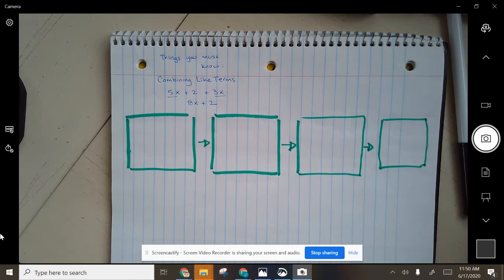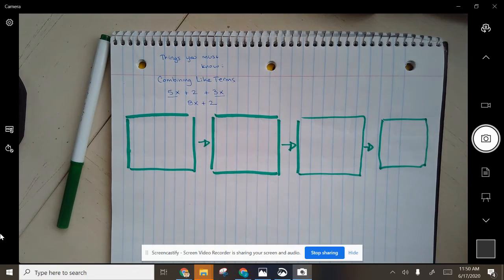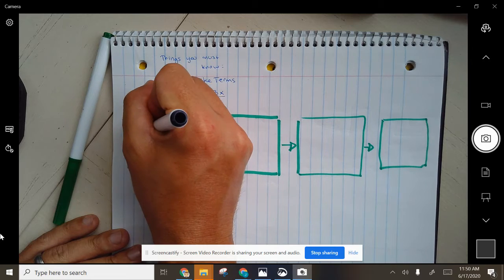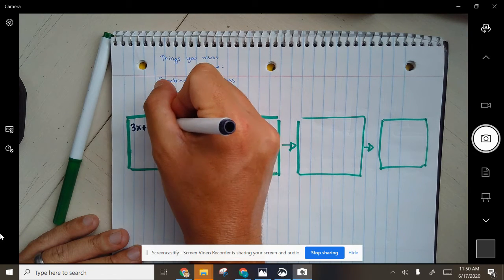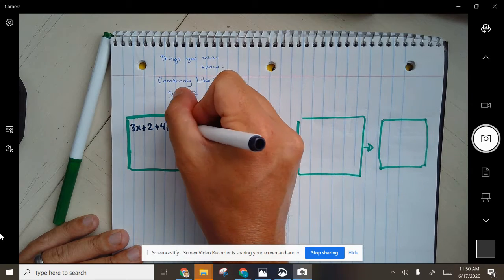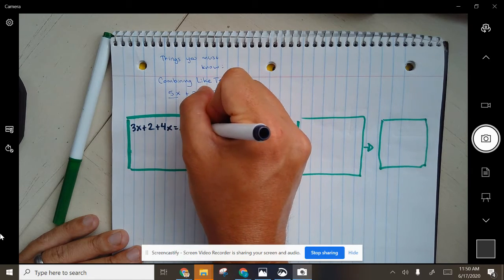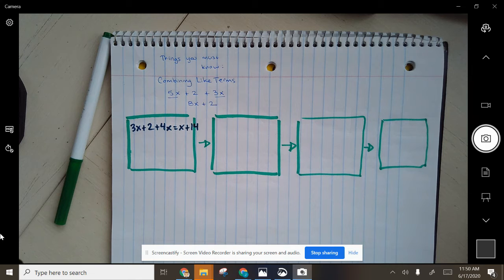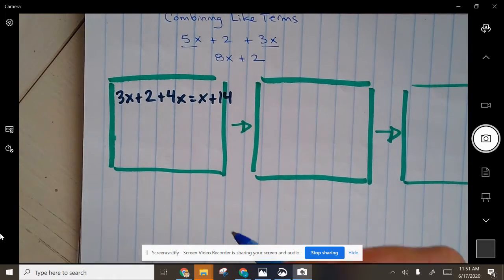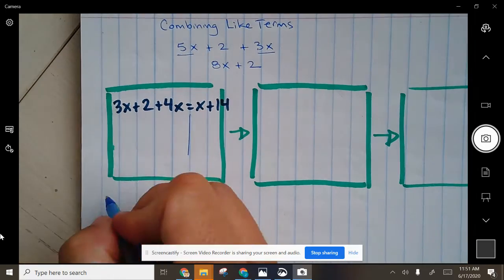Okay. And what I'm going to do in this box is give you 3x plus 2 plus 4x equals x plus 14. All right. First step.